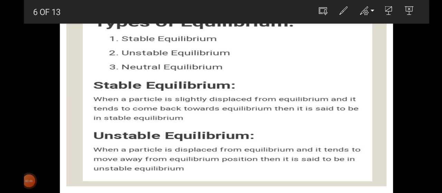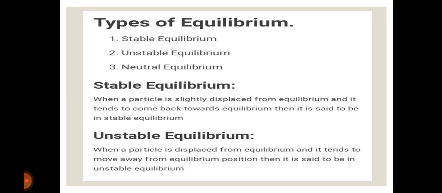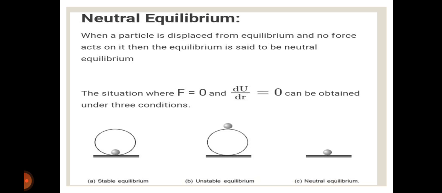Second is unstable equilibrium. When a particle is displaced from equilibrium and it tends to move away from the equilibrium position, then it is said to be in unstable equilibrium. Third is neutral equilibrium. When a particle is displaced from equilibrium and no force acts on it, then the equilibrium is said to be neutral equilibrium.